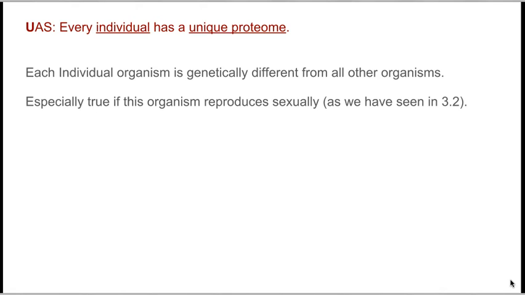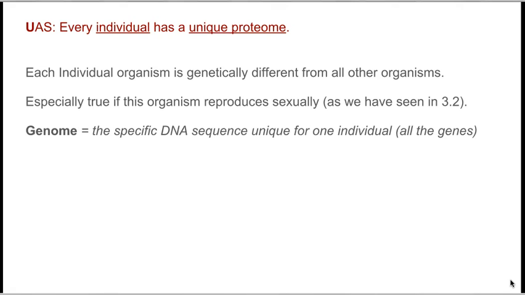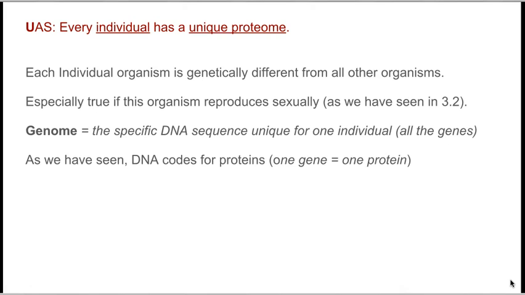As we have seen in 3.2 relating to natural selection, variation there is often determined by a sexually reproducing organism with meiosis, with crossing over, and independent assortment. A couple of terms. The genome, as we've seen, is the specific DNA sequence unique for one individual. So this is the sum of all of its genes. As we have seen, DNA codes for proteins. Generally speaking, one gene equals one protein.